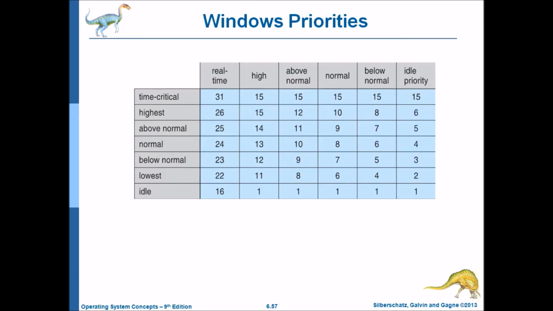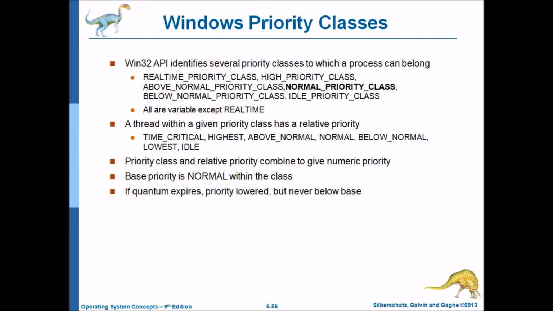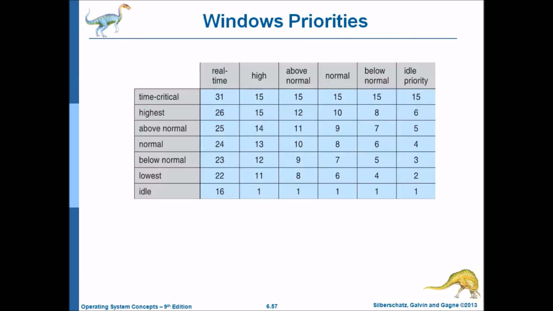For example, if the priority class is above normal and the relative priority is normal, the numeric priority of that thread is 10.